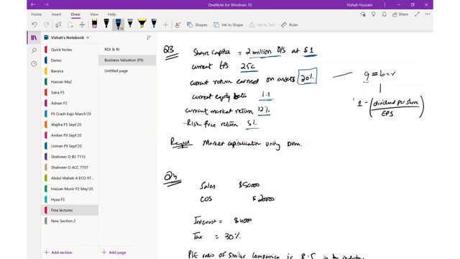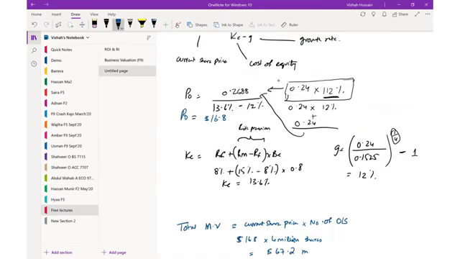And how do we compute the retention ratio? We compute it from this formula: dividend per share upon EPS. Whatever the answer you get, you subtract it from 1. And just in case the answer is in percentages, you subtract it from 100. Now I am presenting the solution for this question as well.